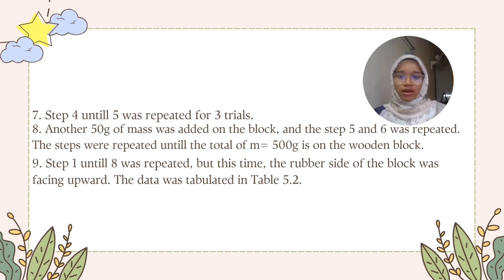Another 15 gram mass was added on the block, and steps 5 and 6 were repeated. The steps were repeated until a total of 500 gram mass was on the wooden block. 9. Steps 1 until 8 were repeated, but this time the rubber side of the block was facing upward. The data was tabulated in Table 5.2.